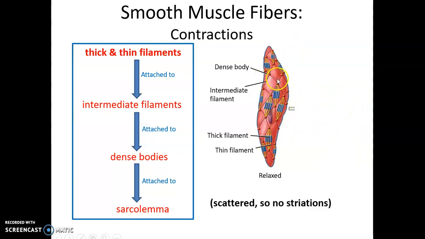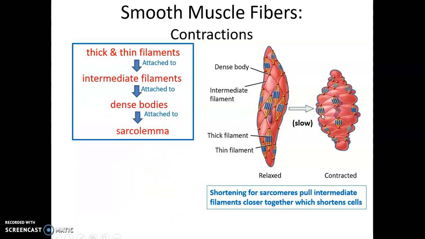So the thick and thin filaments that will pull or release during a contraction are connected to the cytoskeleton, which is connected to the sarcolemma. And this means that when a contraction is signaled for and the thick filament moves the thin filament toward the middle of the structure, shortening those structures, that will pull on the cytoskeleton, which will pull on the sarcolemma of the cell, contracting the cell.